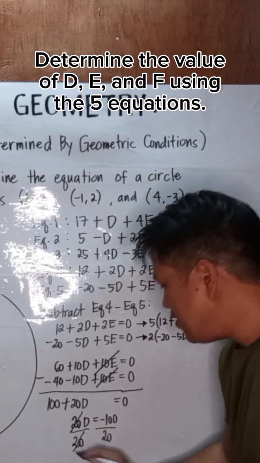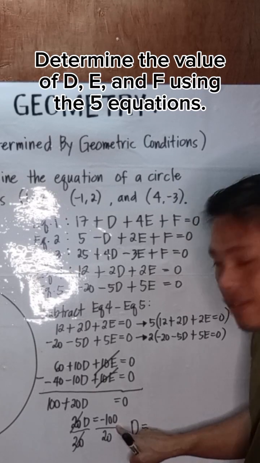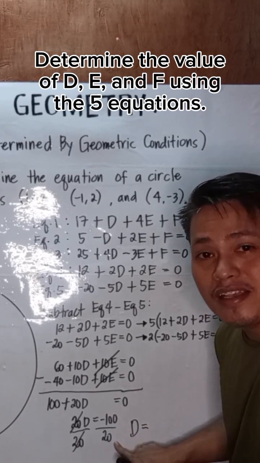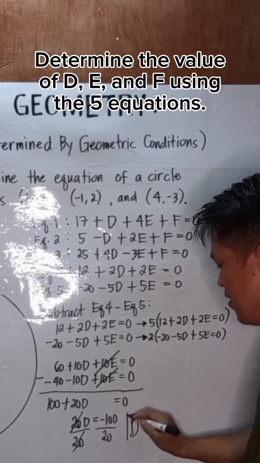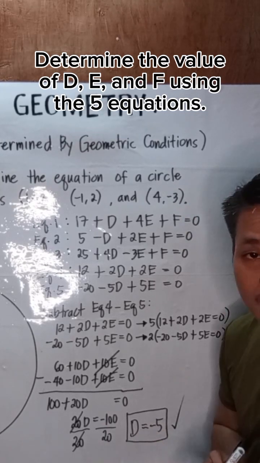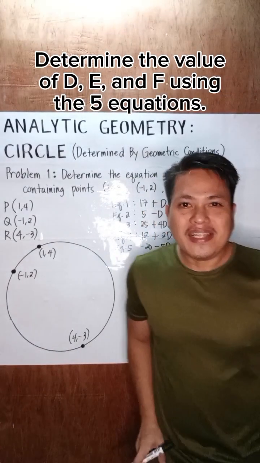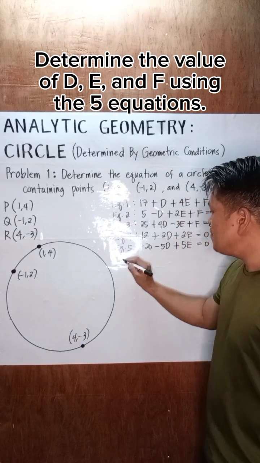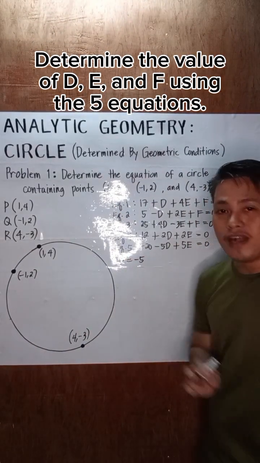Ito ay madidivide. Then, d is equal to negative 100 divided by 20 is negative 5. Meron na tayong value ng letter D. Now, isulat natin yung value ng D. We have D is equal to negative 5.